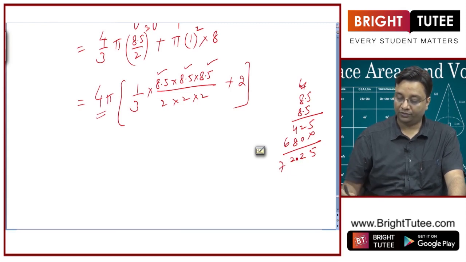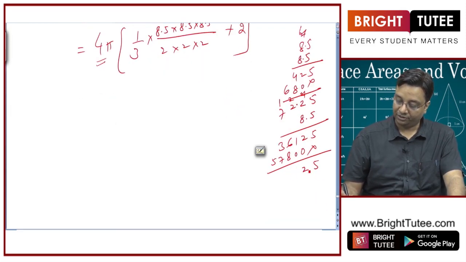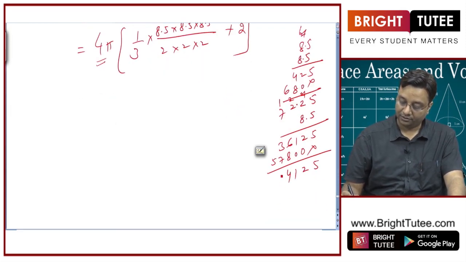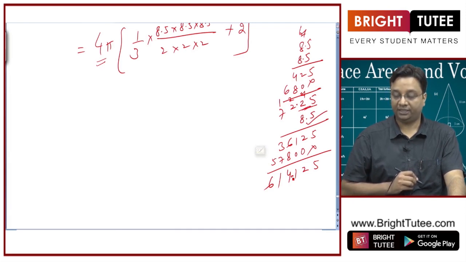So this is 72.25 and you again have to multiply it by 8.5. Okay, 5, 2, 1, right, and you take care of the decimals. 1 decimal point was there, 2 decimal places this, so it will be 3 decimal places.